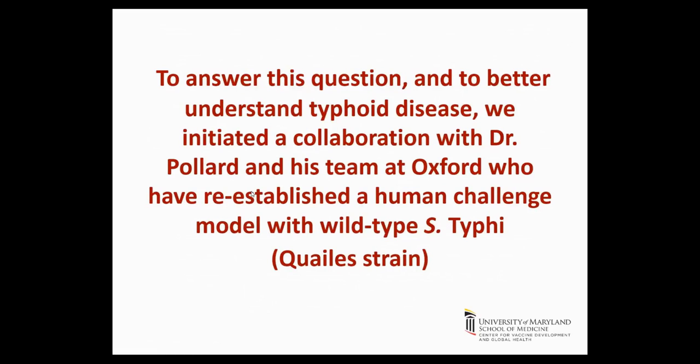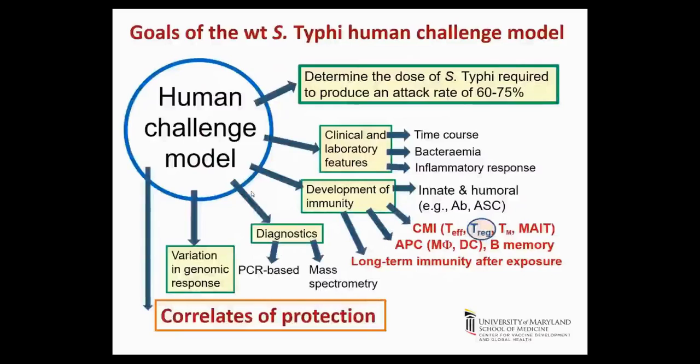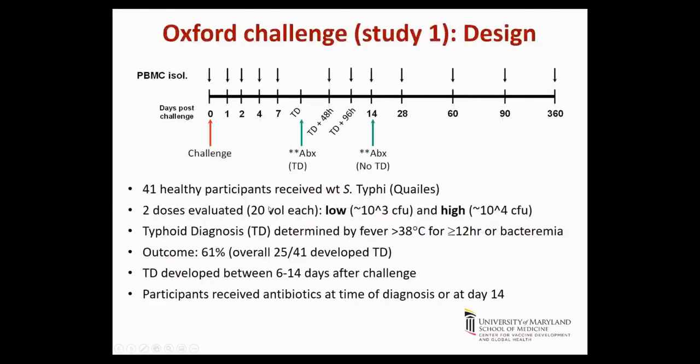And for this, we entered into a close collaboration with Andy Pollard in Oxford. During this human challenge model, of the many parameters that we have measured, we concentrate on trying to identify the correlates of protection. And for the purposes of this talk, I will focus on all of the cell-mediated immune response studies on T regulatory cells.